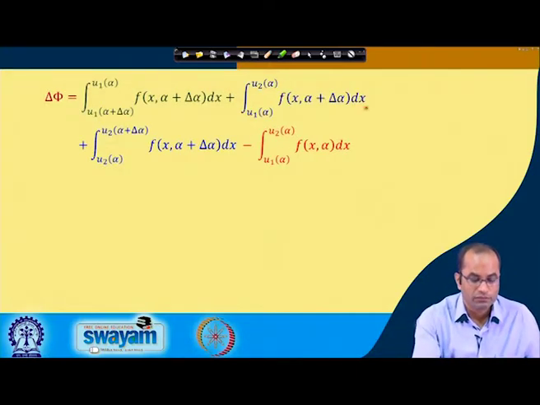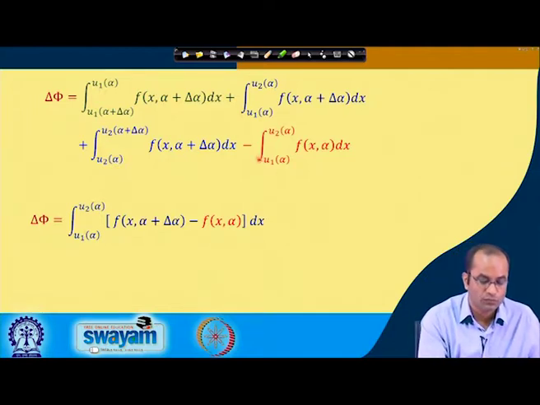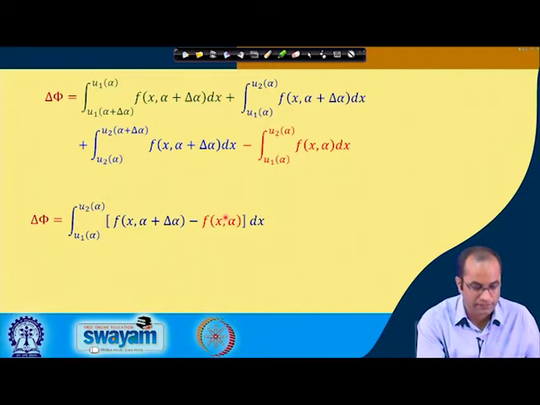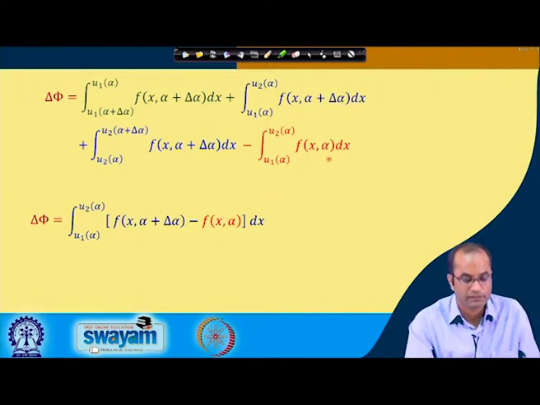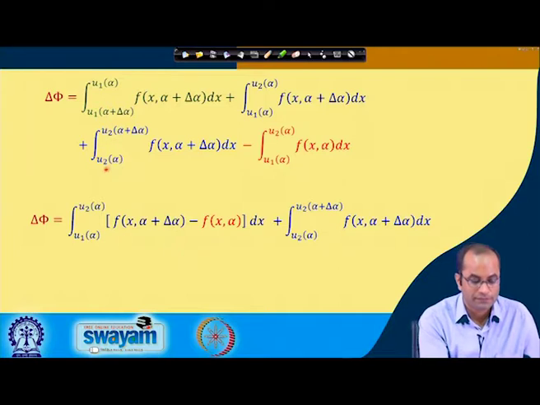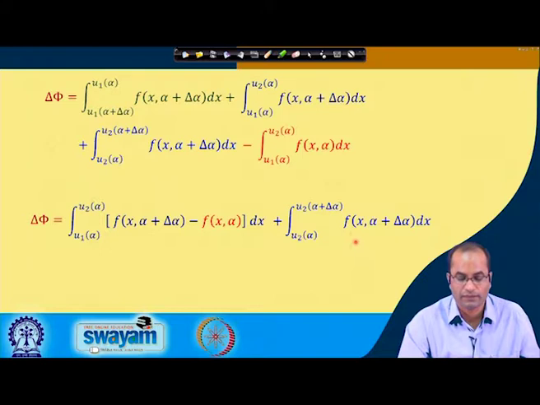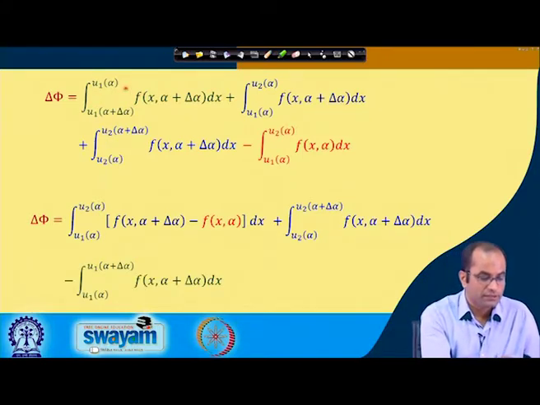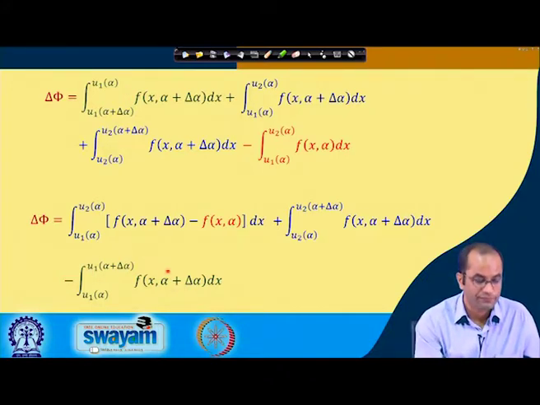So, combining, we get the integral from u 1 alpha to u 2 alpha of the difference of the integrand, f x alpha plus delta alpha minus f x alpha dx, plus this term from u 2 alpha to u 2 alpha plus delta alpha of this integrand, minus. Here the limit we have reversed. So, now u 1 alpha to u 1 alpha plus delta alpha with the negative sign, and f x alpha plus delta alpha dx.